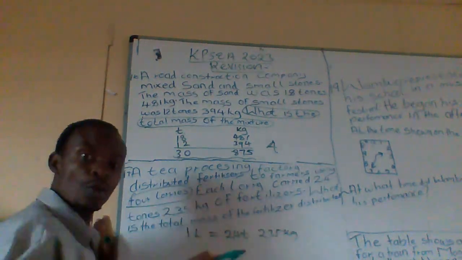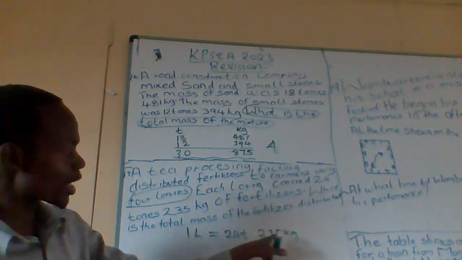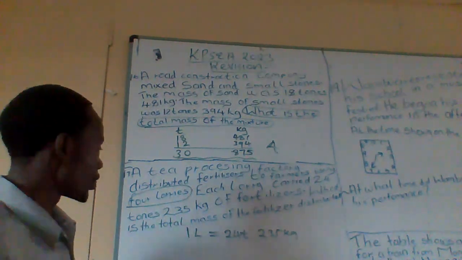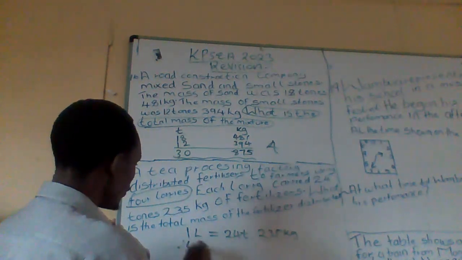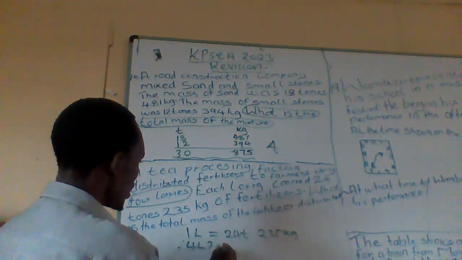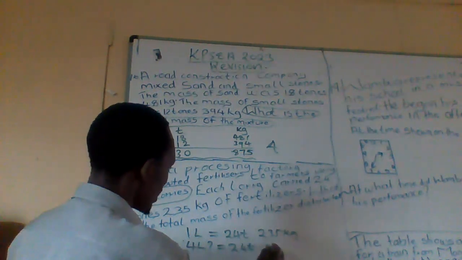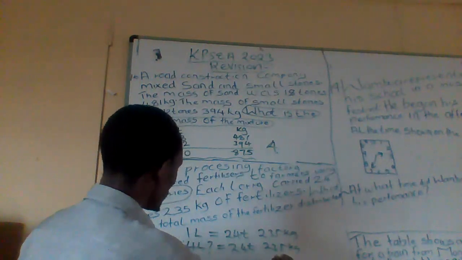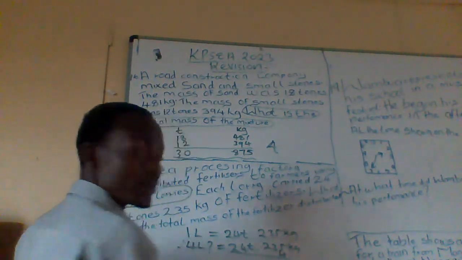But they are so good, they have told us about each lorry. So 1 lorry carried 24 tons, 205 kilograms. What if they were 4 lorries? So what do we do? Therefore for 4 lorries, you will take 24 tons, 205 kilograms, you multiply by 4. Let us see what we shall get.